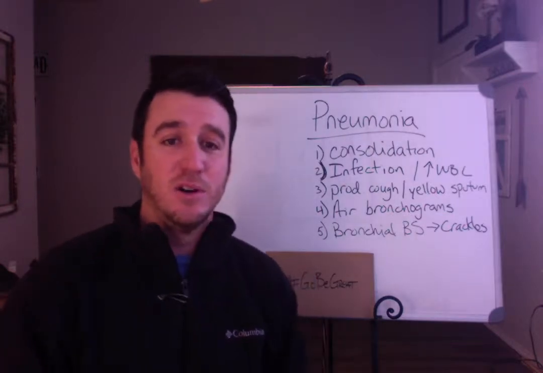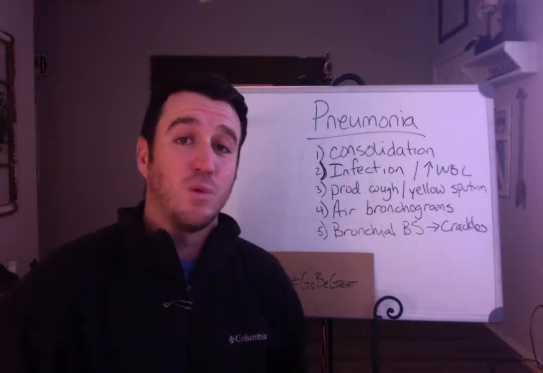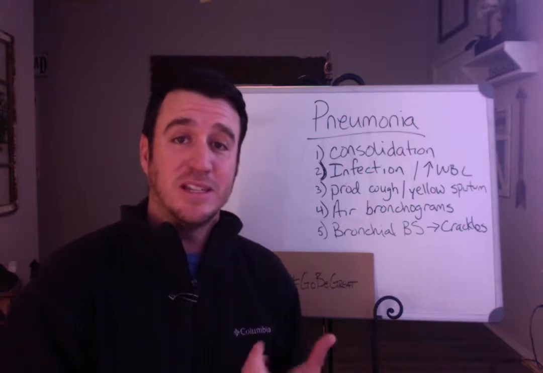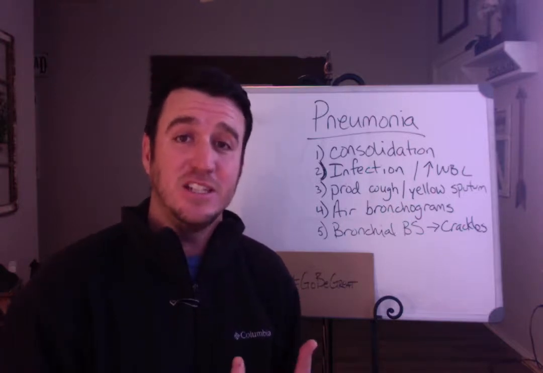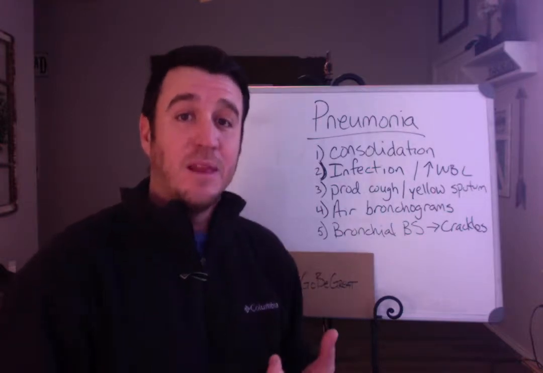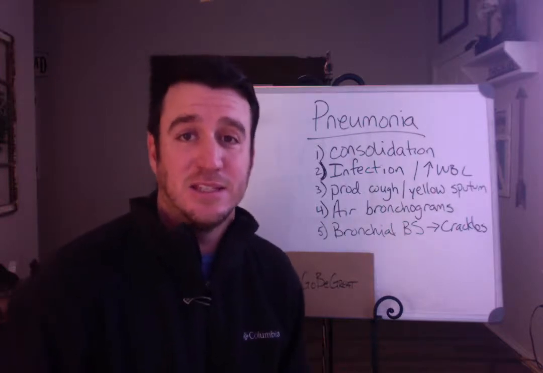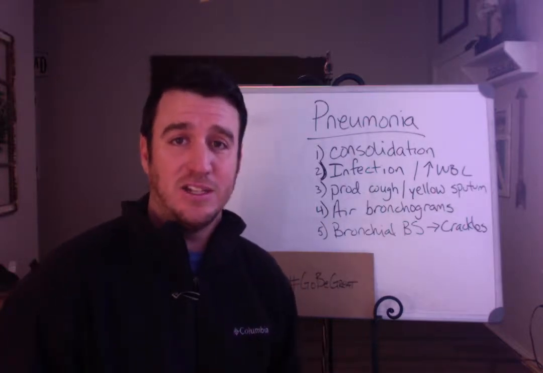We're talking about pneumonia today. The first thing you have to understand about pneumonia, and the first word that should come to mind, should be consolidation. And when we say consolidation, we're talking about alveolar consolidation. Now, the second point that comes up is what is causing this alveolar consolidation.